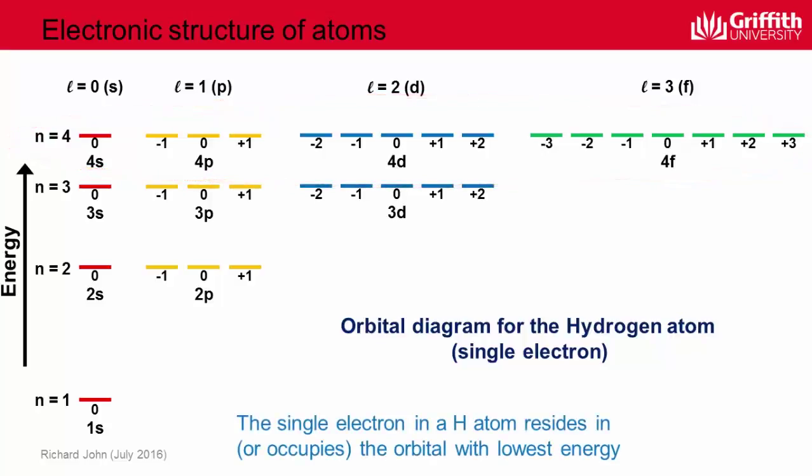And finally, we say that the single electron in the hydrogen atom resides in, or occupies, the lowest energy orbital in this diagram, and we can represent that by placing an arrow in that 1s orbital at the n equals 1 level.